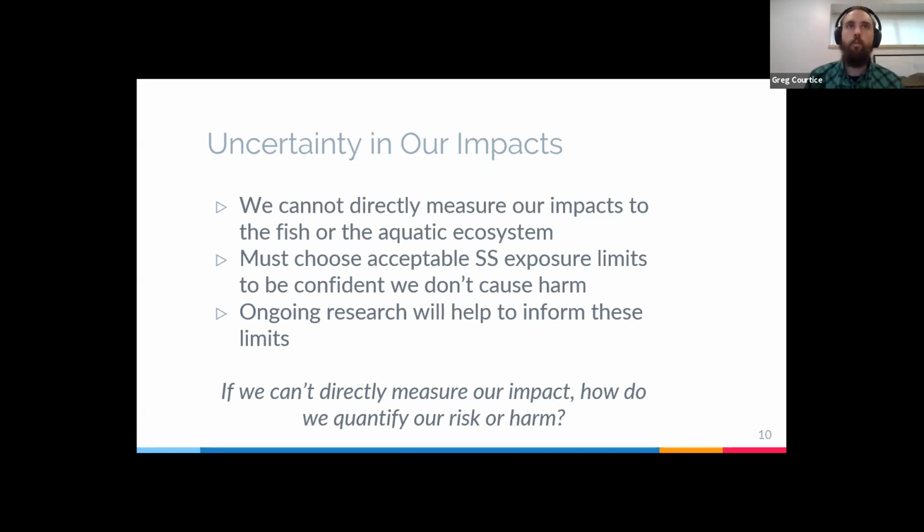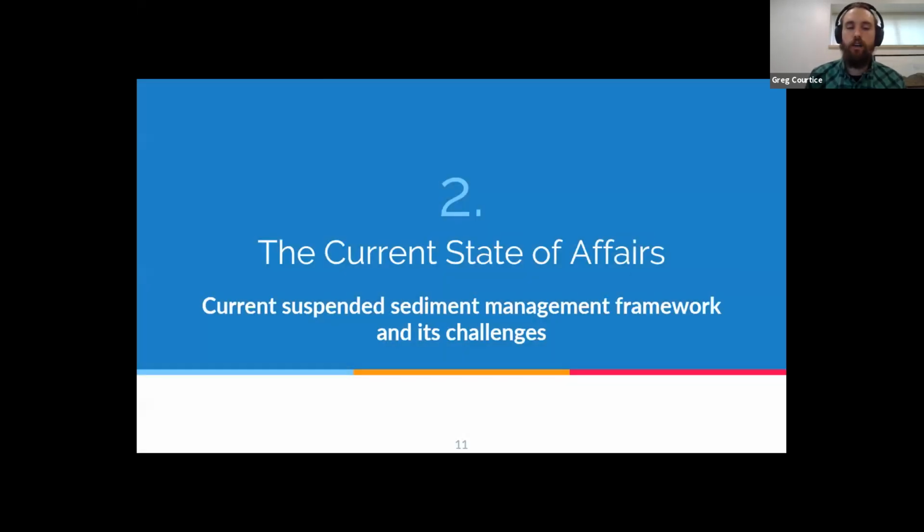So what we need to do is choose acceptable exposure risk limits to be confident that we're not going to have harm to fish. And as I said, my research is going to help to better inform this type of stuff. So how do we actually quantify our risk is the question that we're going to look at now.